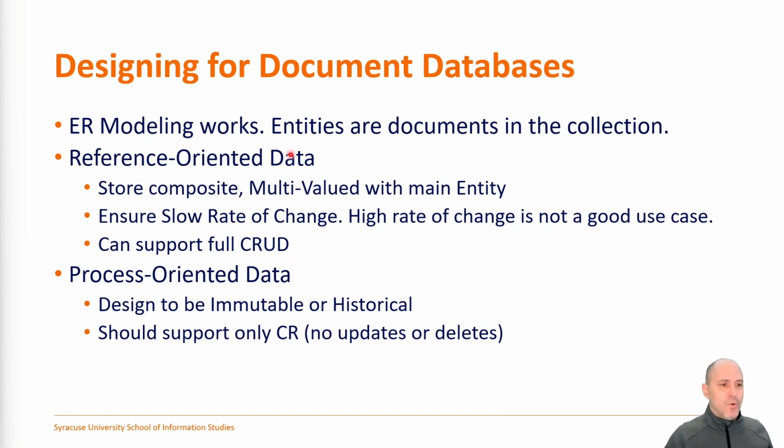And remember, reference-oriented data are your nouns, like people, places, things. Process-oriented data are your events, your business processes, like ordering something is process-oriented data, or paying a bill, or registering for a class, right?